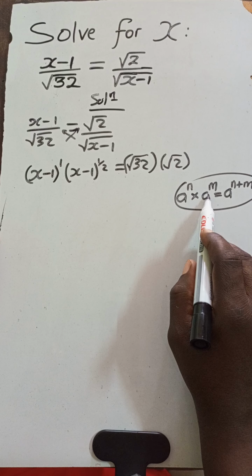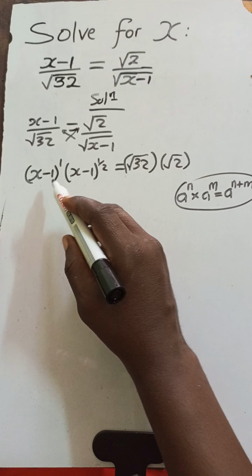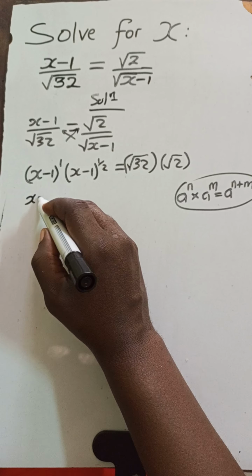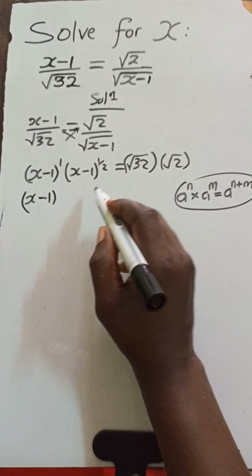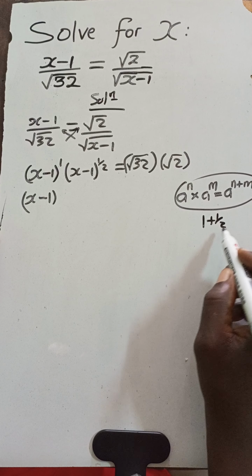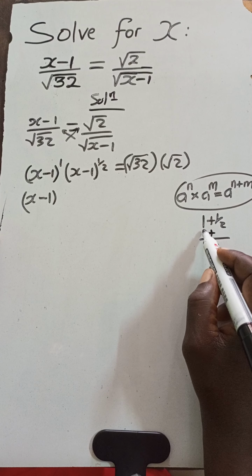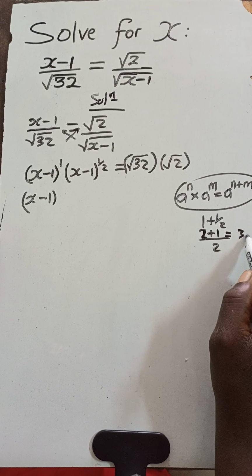So when the bases are the same and we're carrying out multiplication, all we need to do is add the powers. So here we're going to say x minus 1 to the power 1 plus a half. So we're going to have 2 plus 1, which is 3, all on 2.